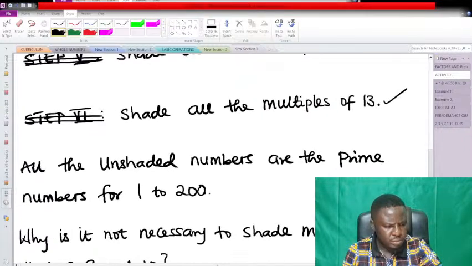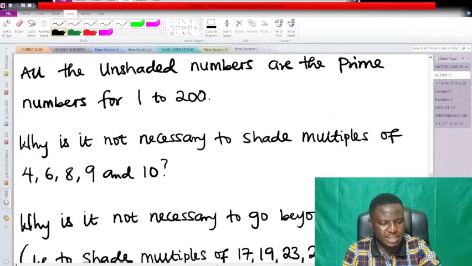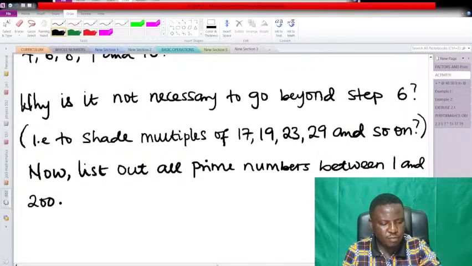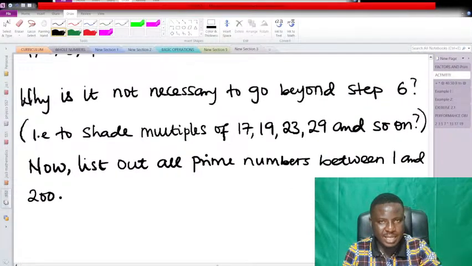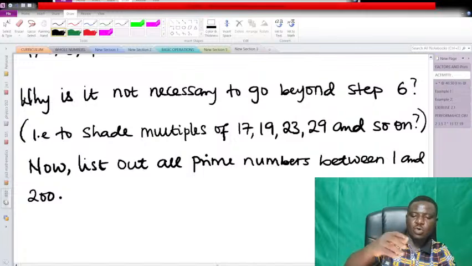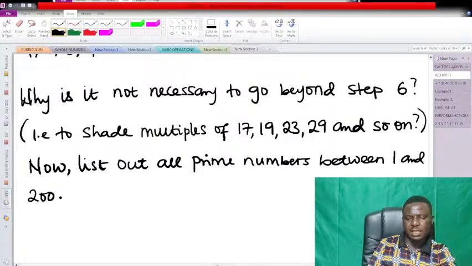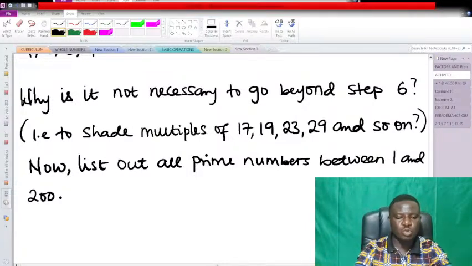Now, if you look at the multiples of 19 or 17, I think it has already been shaded by the multiples of 2 to 13.